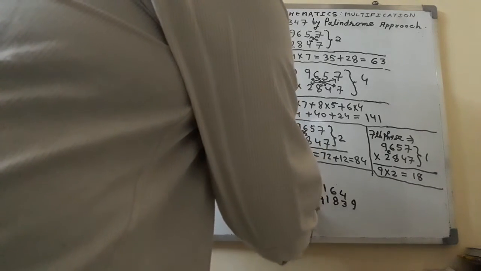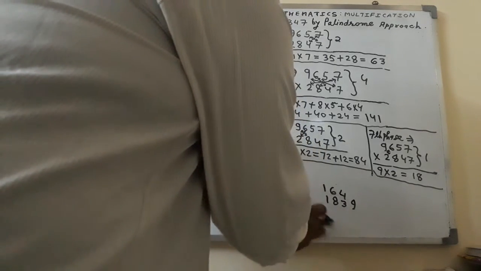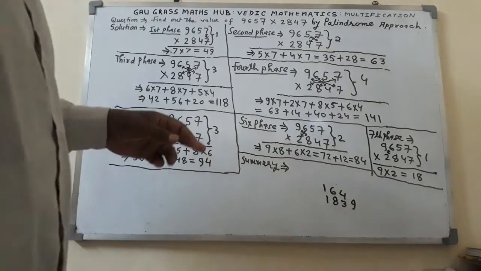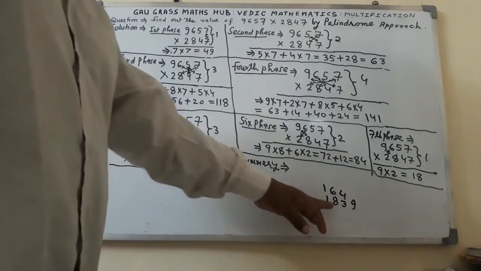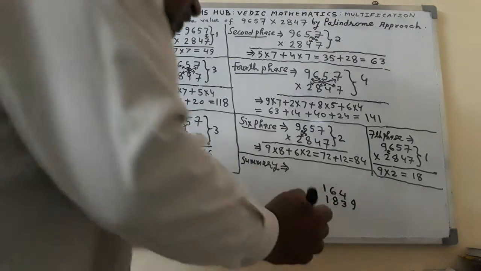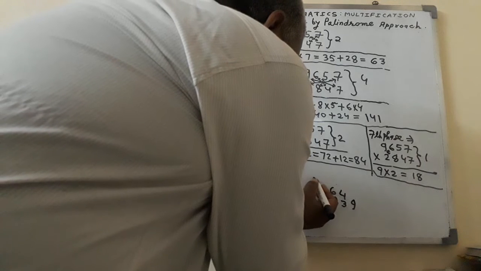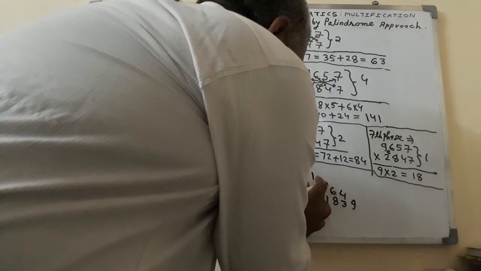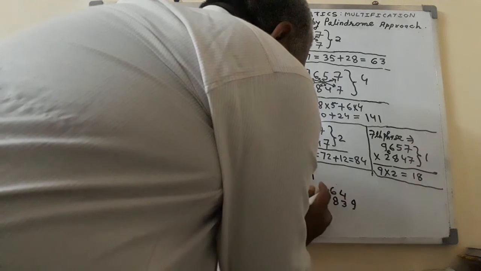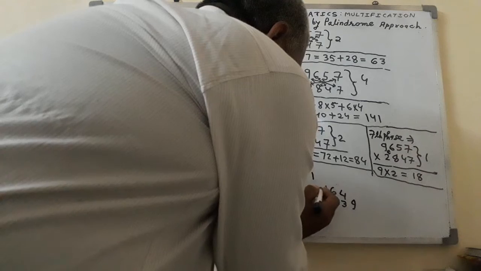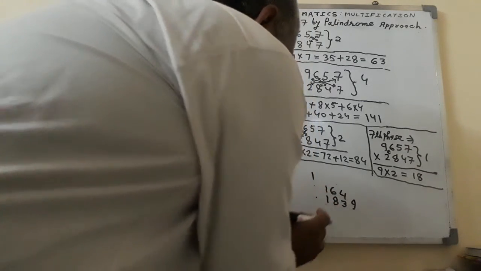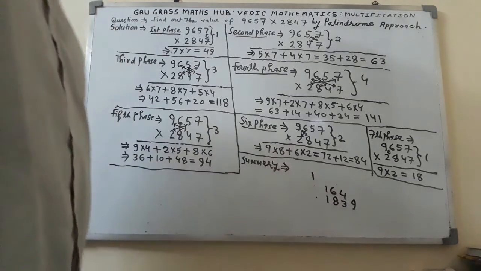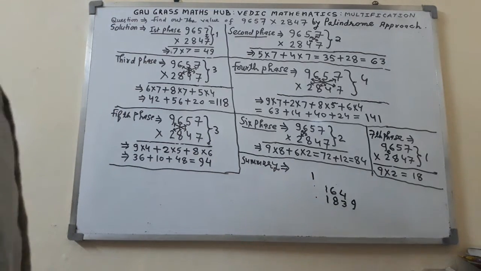How it will be written? Let us see. Eight I have reflected at this place, and this one will be carried at this place. Here space will be available. This one will be filled with some digit. 118, like this we have got.